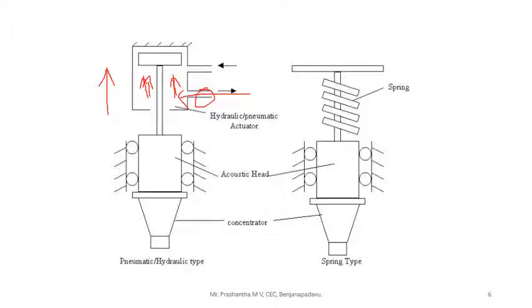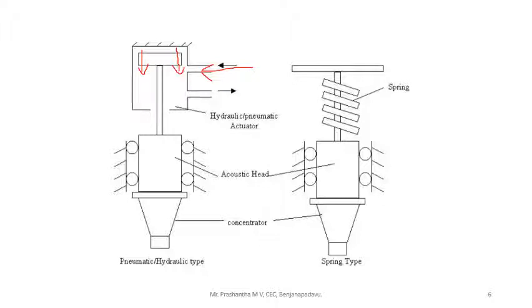And similarly, look at the diagram. Here the flow happens in this direction, from this valve. Here the flow pressure pushes the piston downward.